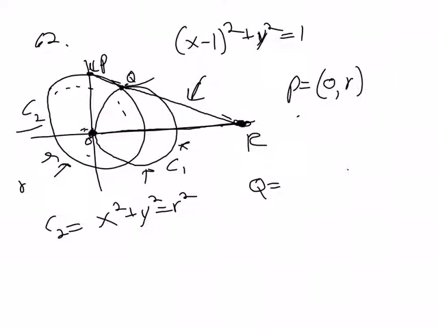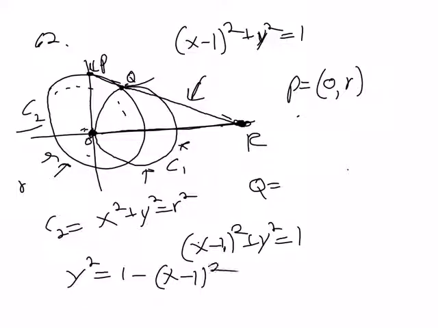So first, our other equation was what? x minus 1 squared plus y squared equals 1. So let's solve for y squared first. This gives us y squared equals 1 minus x minus 1 squared.